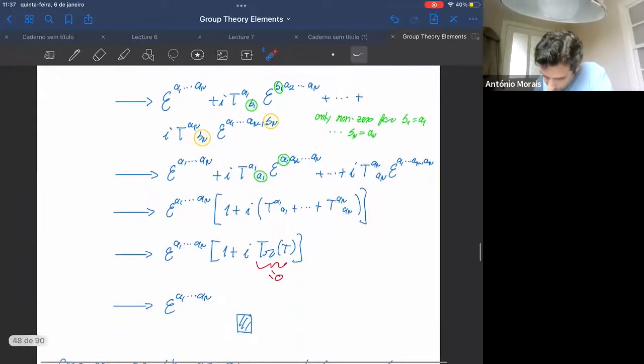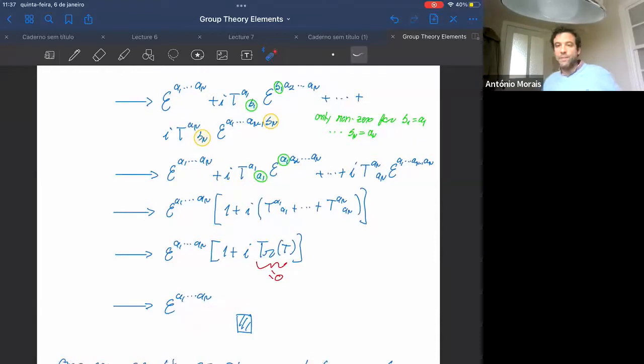And therefore, we have just proven that the epsilon tensor, also any generalized epsilon tensor from epsilon ij with 2 indices up to epsilon A1 AN with n indices, is an invariant of the corresponding n-dimensional SUN symmetry.